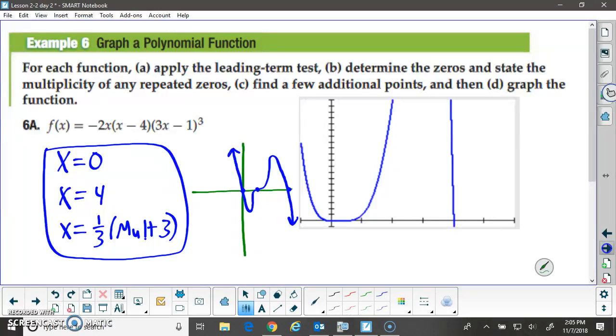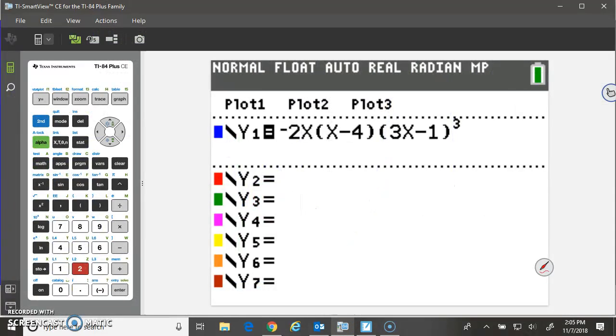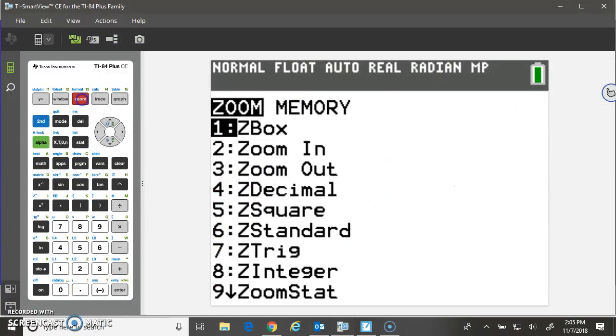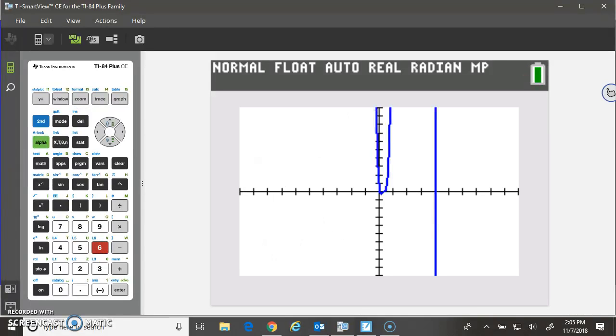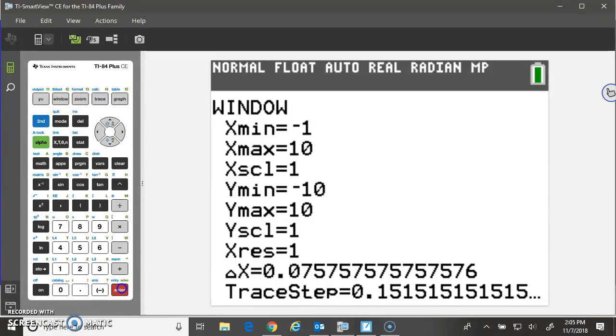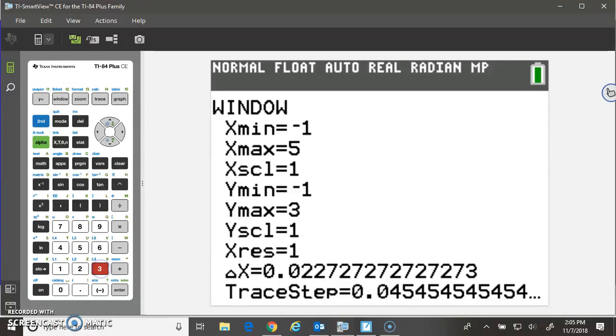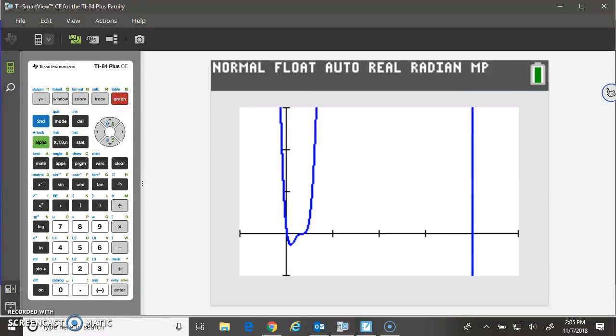Now if you look at this graph, this is a picture of a graphing calculator. It doesn't look like you see that same kind of display, that same kind of curve as you see right here. So let me take you to the graphing calculator and show you. Here's the equation. If we graph it with just a standard window, we get a graph that looks like this. But if we were to zoom in, you're going to see that we actually do have that behavior.